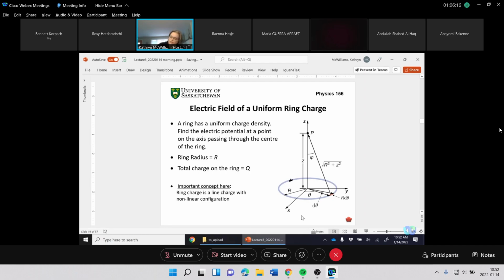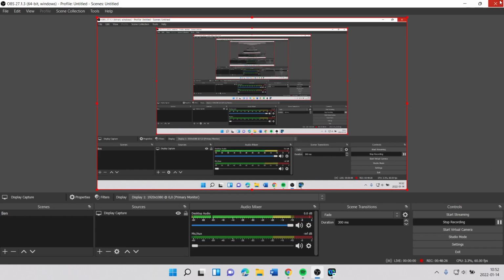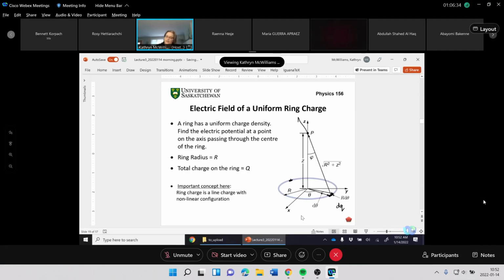So here, this blue line is our charge. It's a linear thing. It's a lambda again. And if we take a little component of the charge here, this is dq again, a little piece along this circle, it will create a little electric field component at point P.